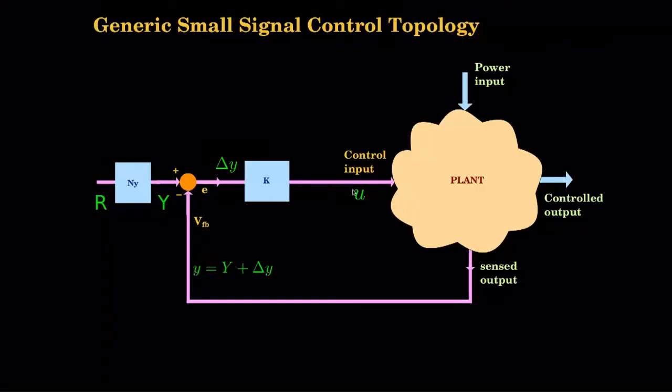Now, this is still large signal control. I want to make it small signal. What I have to do here? I have to put in something. I have to put in a summer. It is a feed forward point. So, this here will be delta u. Now, the controller here is small signal, what we want.